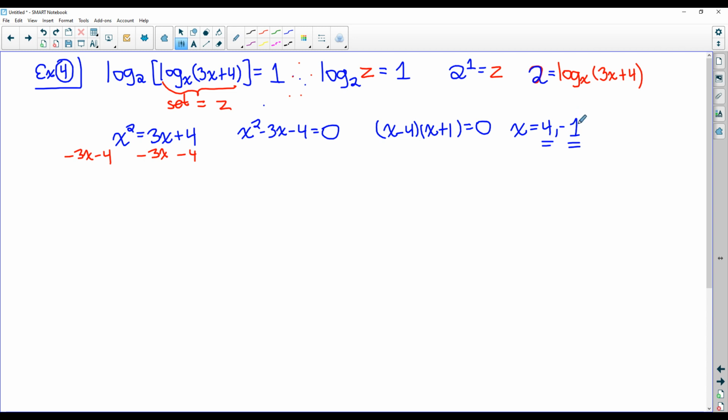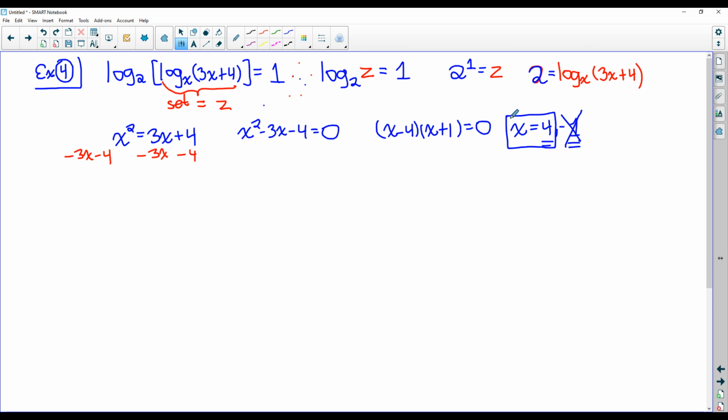Okay. Now that's actually very easy to see because if you take x equals -1, you plug it back into the original equation, you have log with a base of x. Well, that would be log at the base of -1. But in addition to checking to see that the argument is not negative, the base can also not be negative as well. So we'll cross this off, and then I'll just put x is equal to +4.